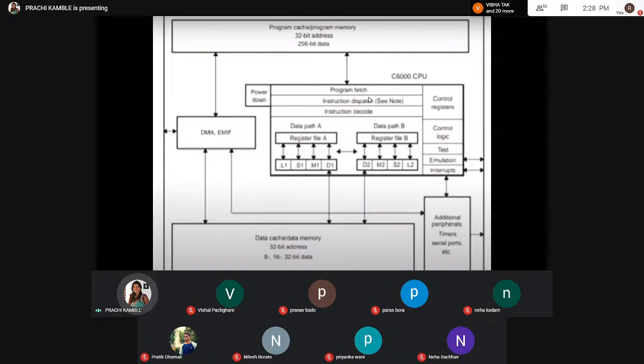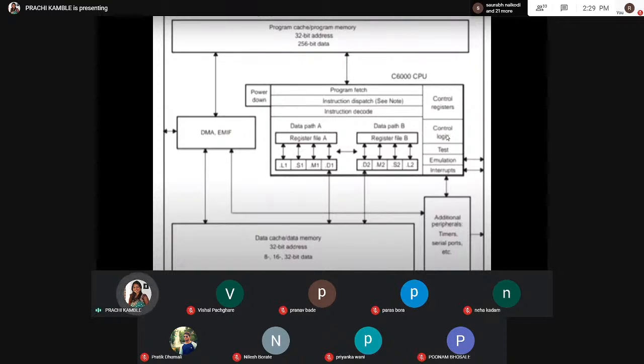It combines all the instructions together in one cycle, and this very large instruction word set has many instructions inside, which are executed in parallel. This is a very important feature of the DSP architecture.